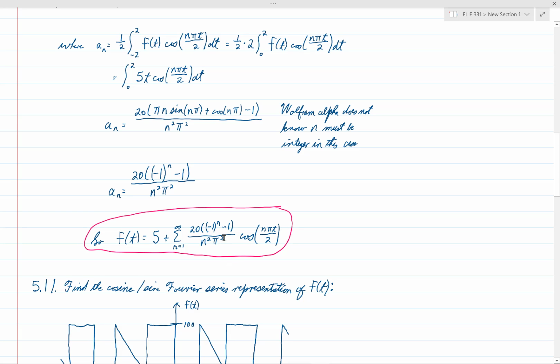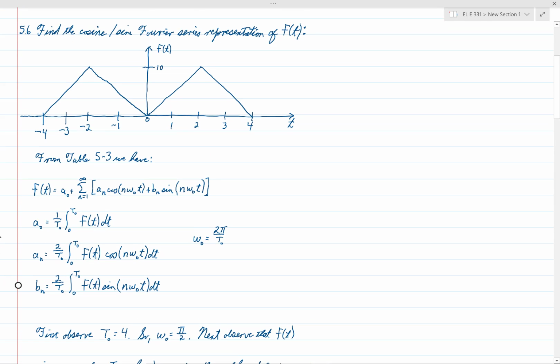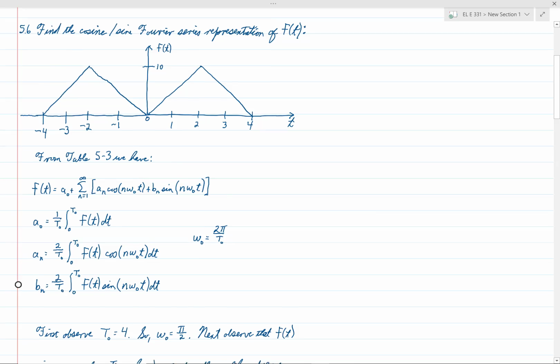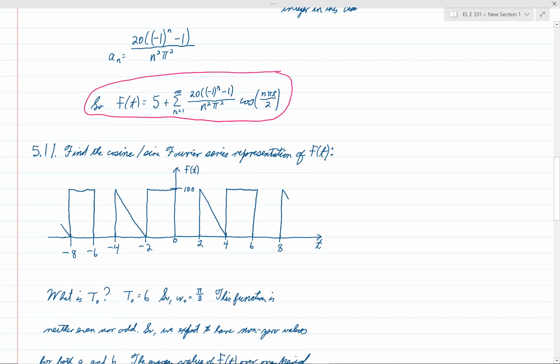So as n gets bigger and bigger, these coefficients will pretty rapidly get smaller. And so therefore, we would expect that it wouldn't take us too many terms here in this expansion to recover this function up here. So that is our first example of the Fourier series.